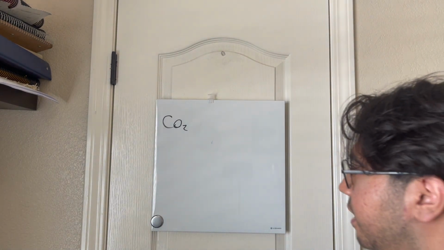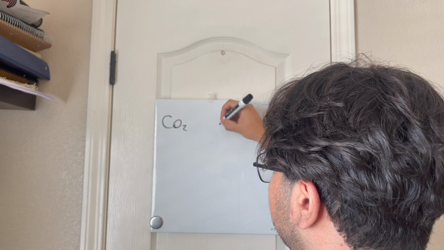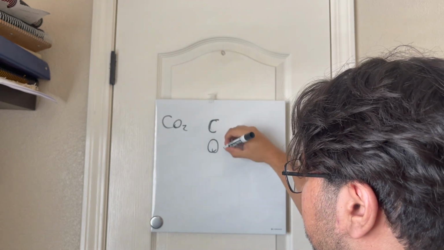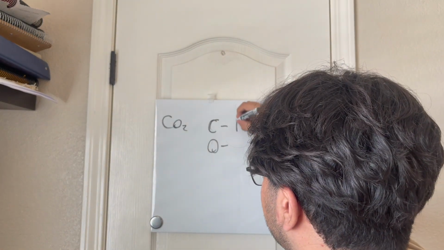Okay, so our first step was counting the total valence electrons. So we have one carbon, we have two oxygens, right? Carbon, via the periodic table, wants 4 valence electrons.